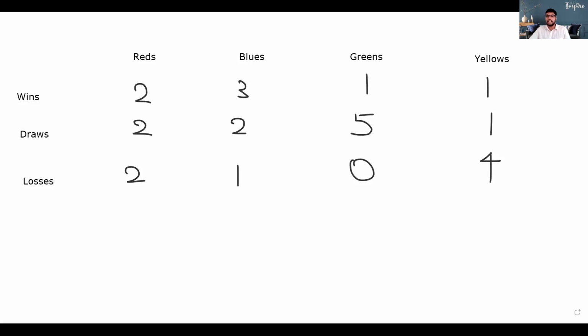So I think the answer is going to be right. If we put this into a matrix, we're going to get 2 2 2, 2 2 1, 1 5 0, 1 1 4.